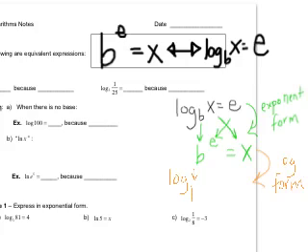You drop the b, cross the x, equals the e. Really, what you need to keep in your mind is that the first thing you see stays the first, the third is the second, the second is the third. That's the drop and cross, okay?